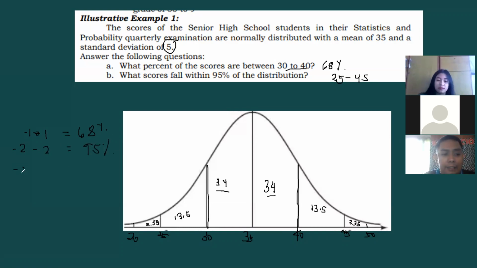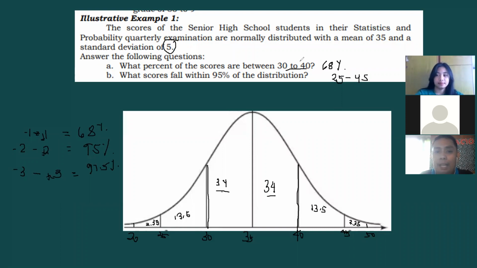And -3 to 3, positive yan, that is 97.5%. Clear po tayo?